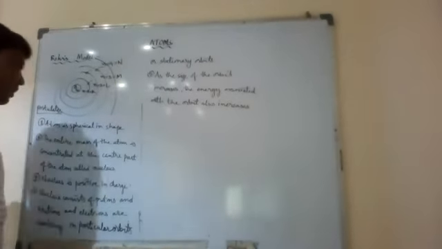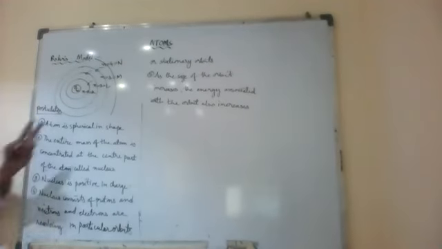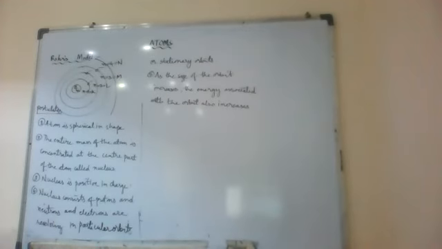Okay, actually in the textbook he doesn't start from here. If you see, he only gives 3 points in Bohr's model.